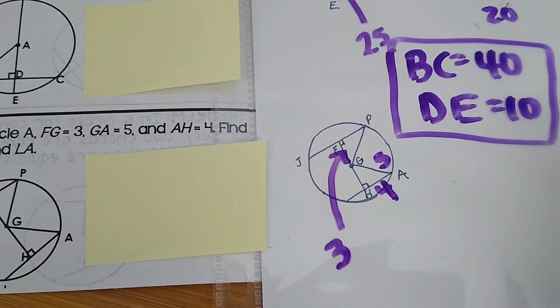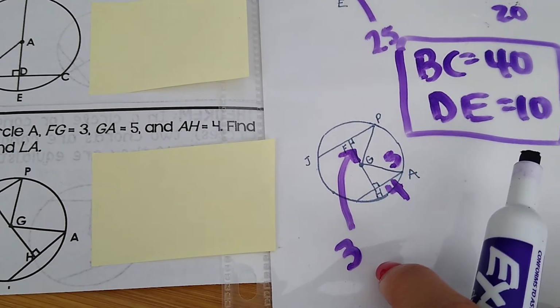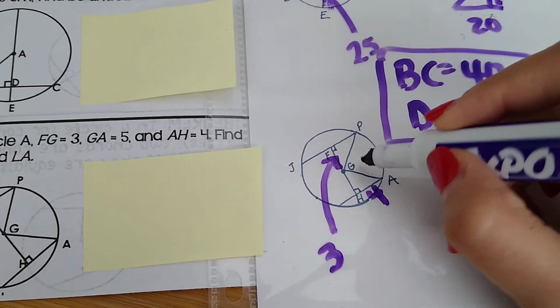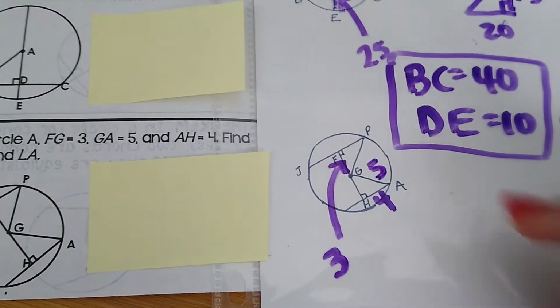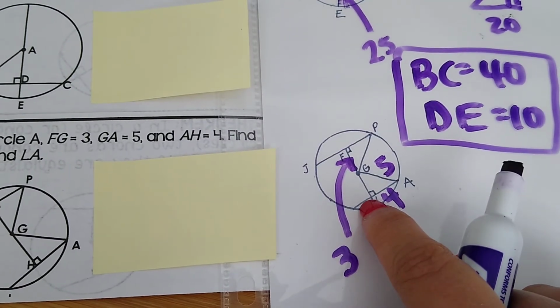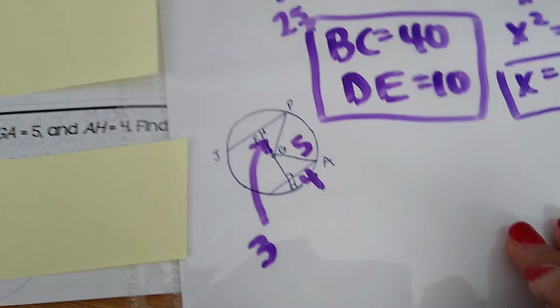Sorry guys, it's super little. So we have 3, 4, GA is 5. Oops, sorry, this one was a 5. So 5, 4, and then this one's 3. Do know that there's a right triangle here, so we might be able to use the Pythagorean theorem for those. Just already something that's in my mind.